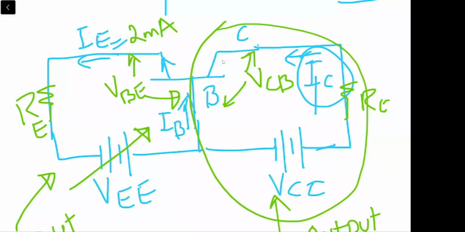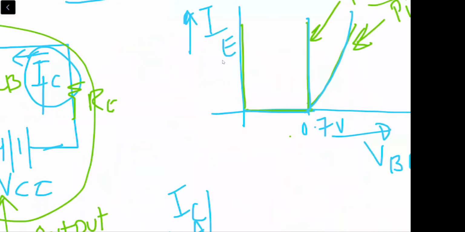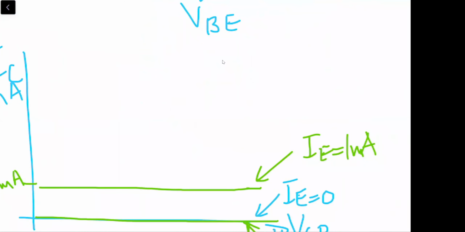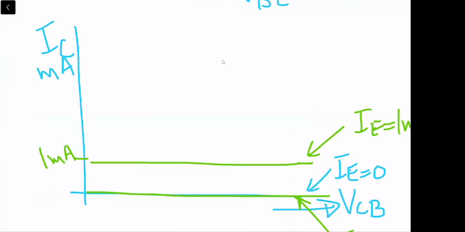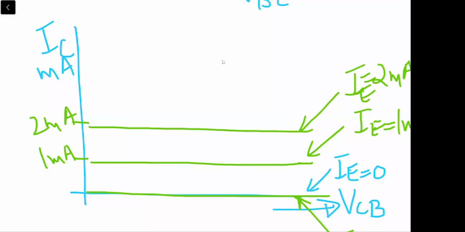Going back to the circuit, if IE is now equal to 2 milliamperes, and I mark this 2 milliamperes over here, IC will also be somewhere close to 2 milliamperes, right?